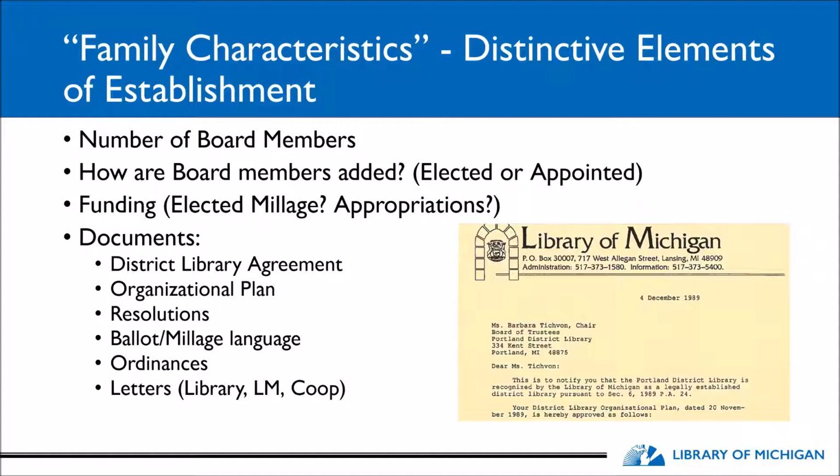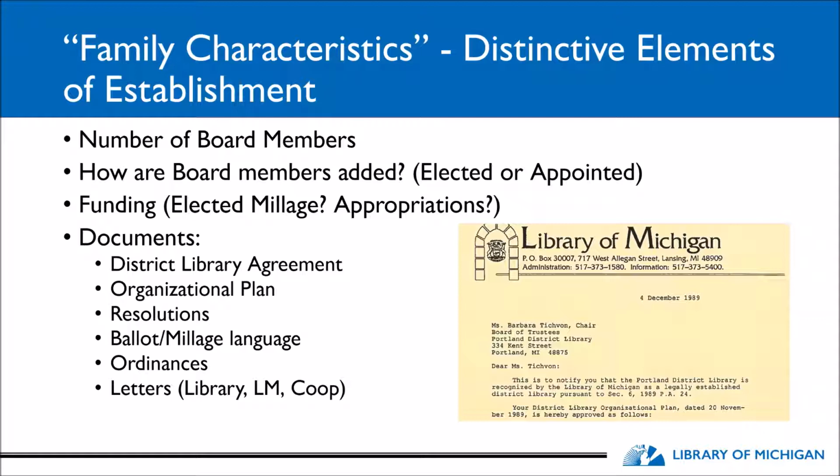You could also be a charter township, which would be a library that would have an appropriation. There are some rare instances of district libraries that are funded through appropriations. The District Library Establishment Act simply states that the district library agreement must indicate how the library is to be funded. Most district libraries are funded with millages, but it is possible for a district library to be funded in other ways, but it's not common.